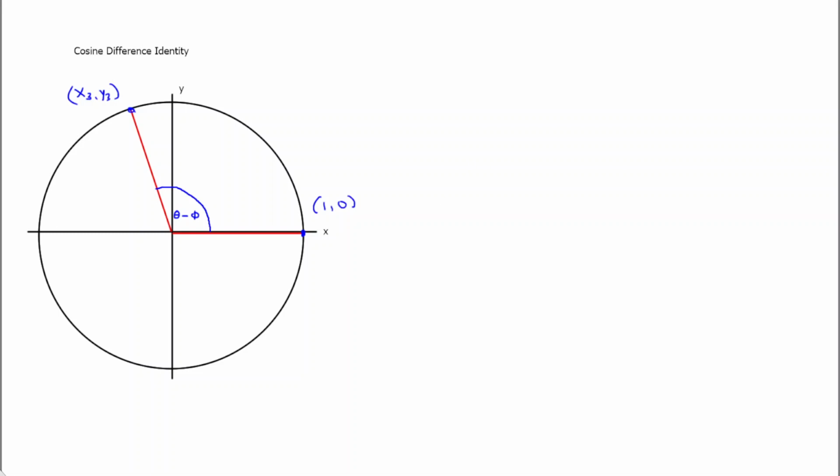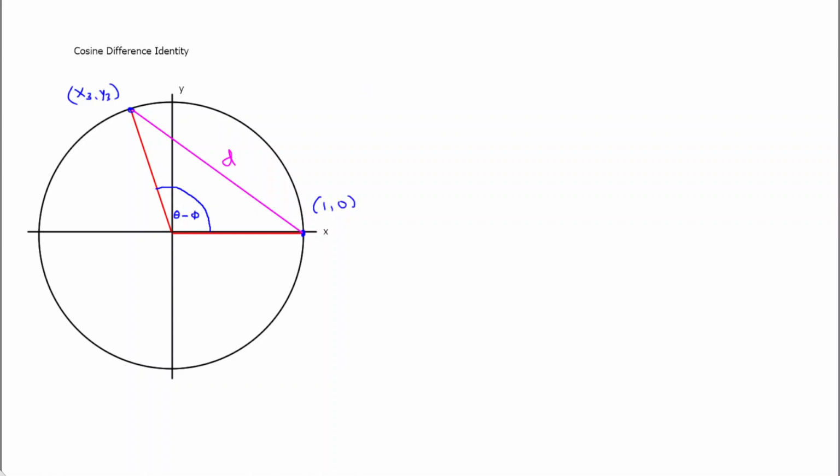As before, we can sketch a line segment between these 2 points, and it will still have a length equal to d. It's essentially the same triangle, just rotated rigidly. So now let's find a formula for d in terms of this setup.